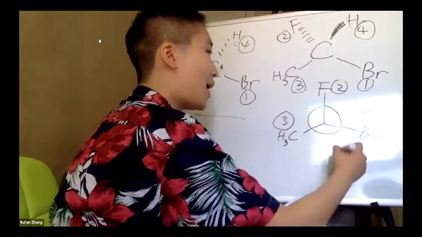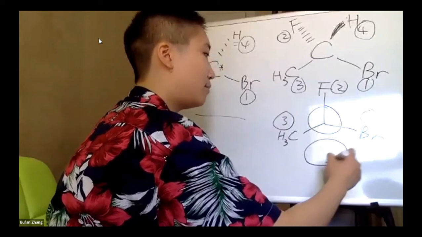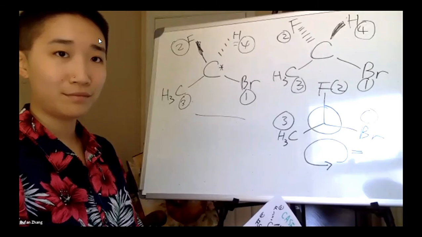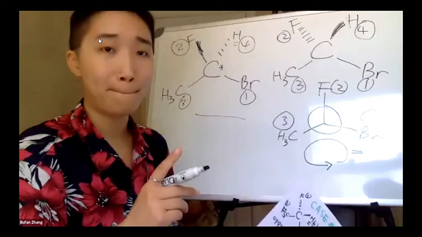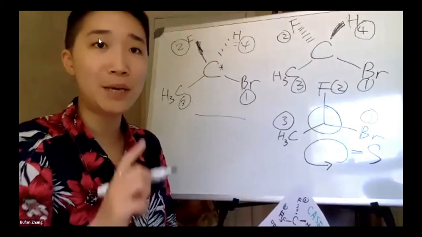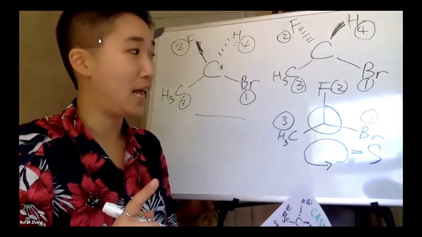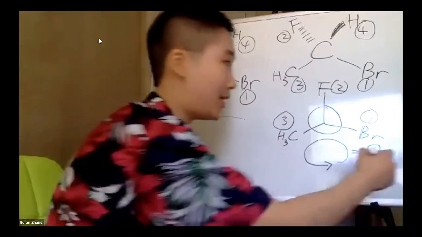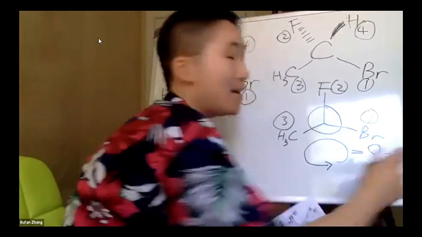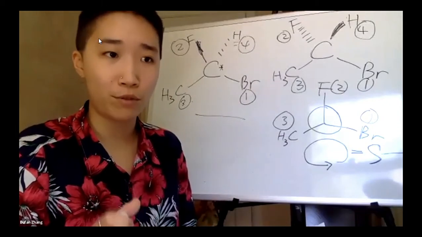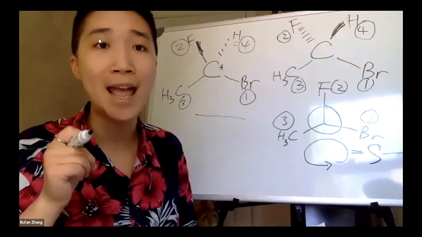Am I going clockwise or counterclockwise? Counterclockwise. I'm going counterclockwise. Therefore, I'm supposed to be an S. But because we did not flip the molecule, and we should have by 180 degrees, we're going to flip the configuration, and we're going to assign this to be an R. And we can only do this when the lowest ranking group is pointing directly at us.